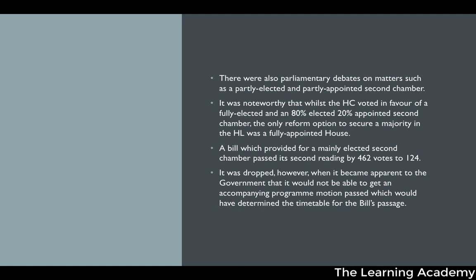So there are a number of reasons why this didn't actually pass and was dropped. But with that being said, if there was the motivation for reforming today, or maybe even after the Brexit negotiations, you would probably see the House of Lords reformed to more of an elected body.